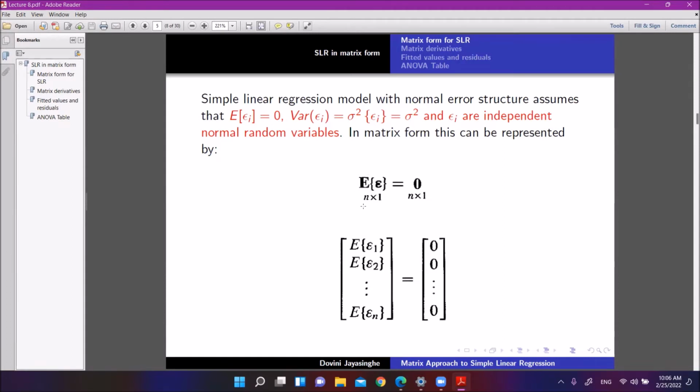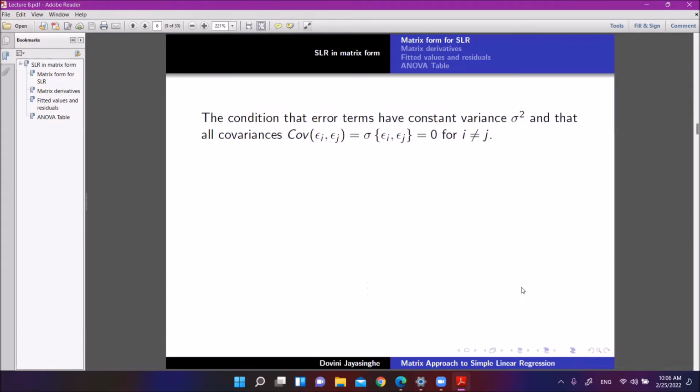Expected value of this matrix is again a 0 matrix, right? Vector or matrix or whatever it is. So expectation of each and every error is going to be 0. So the condition is that error terms have constant variance sigma squared and that all covariances between each error term are 0.